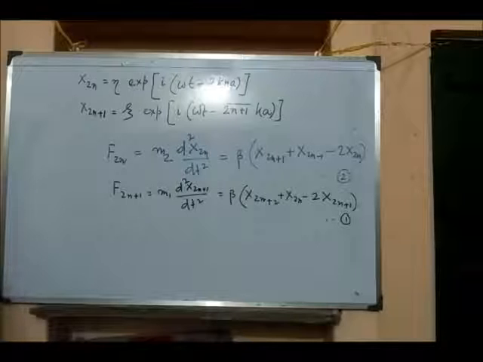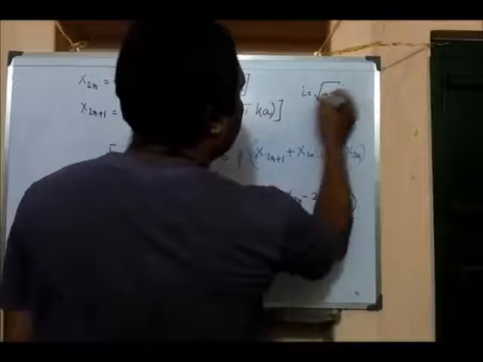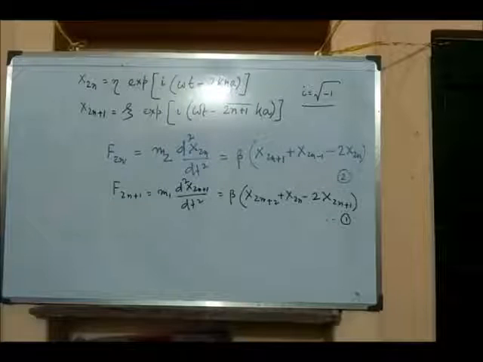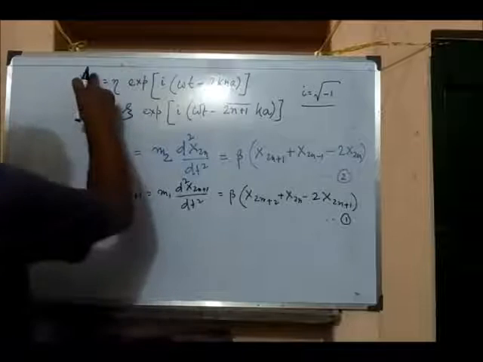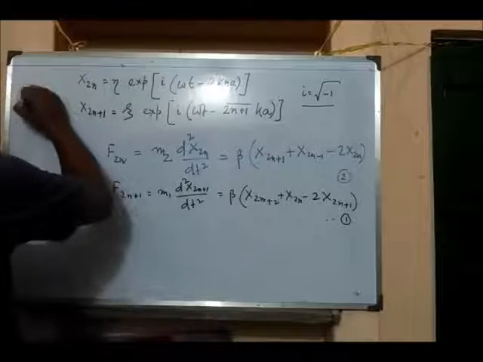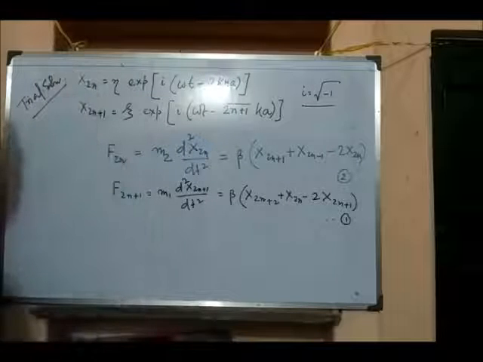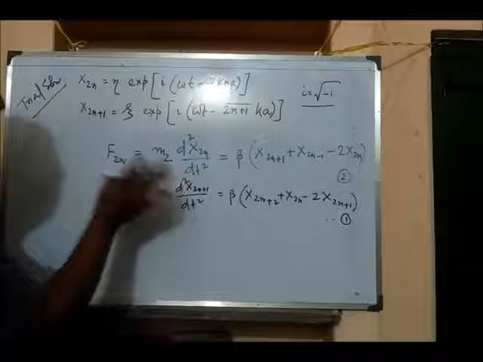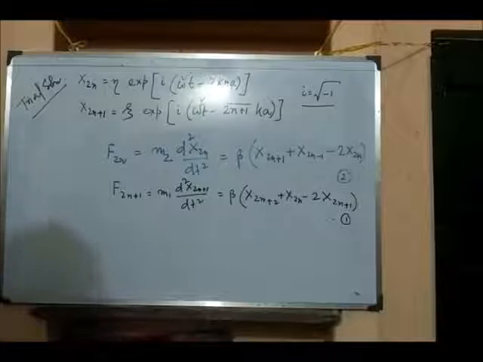So we are using these two equations, where i equals root over minus 1, and now we are going to substitute these two trial solutions, because this is basically the trial solution in this particular situation, to calculate omega.